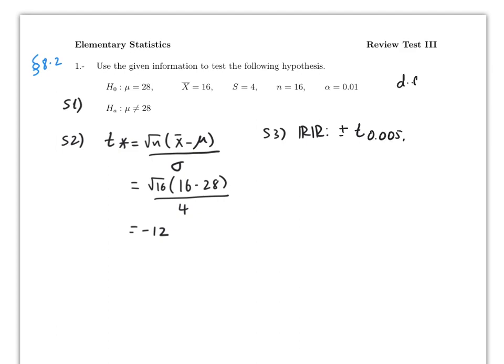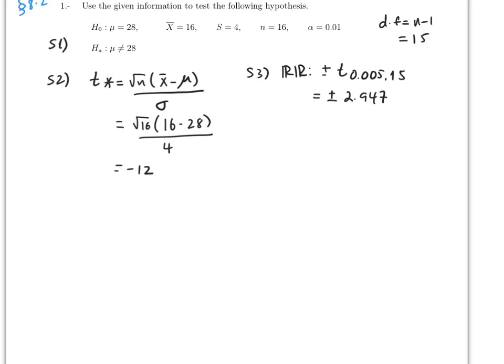And recall that the degrees of freedom is n minus 1, which will be 15. You look to the T table, this is plus or minus 2.947.